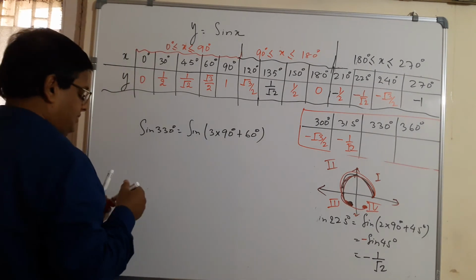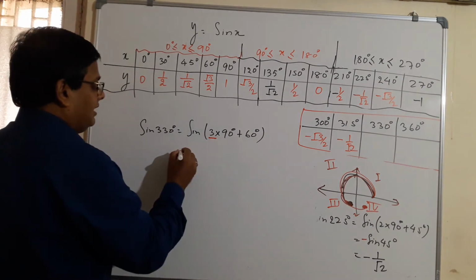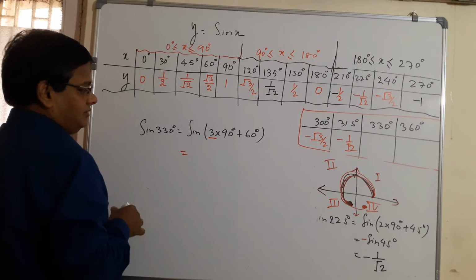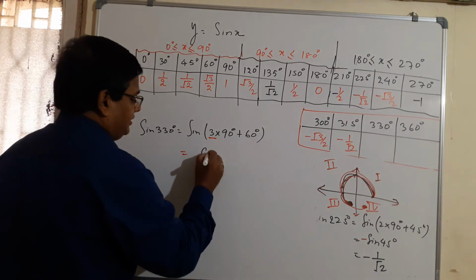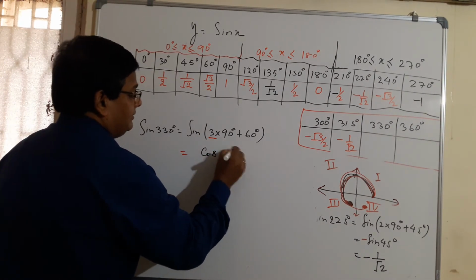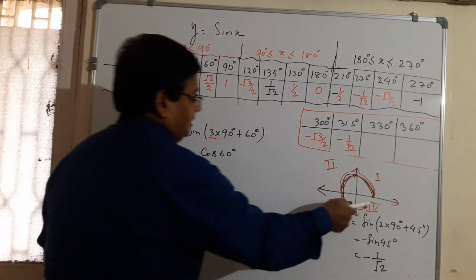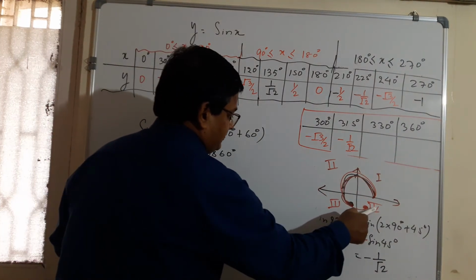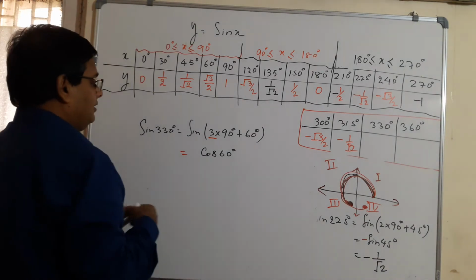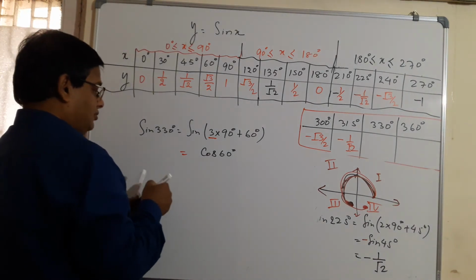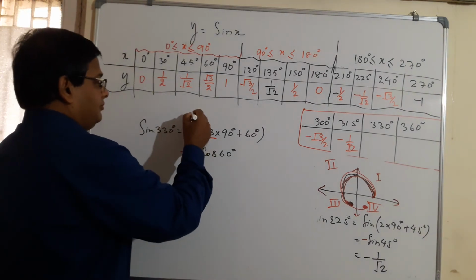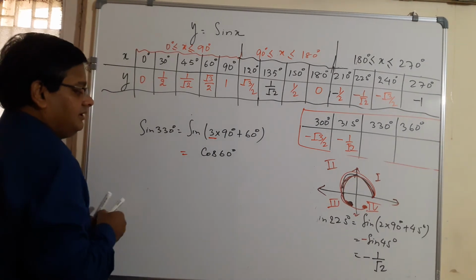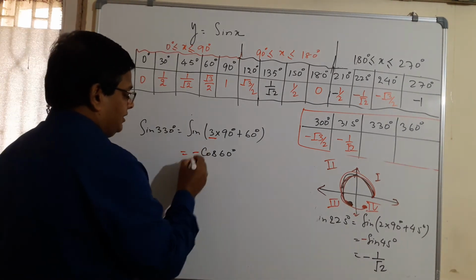Here 3 is an odd number, so sine changes into cos. So cos 60 degree, and 3 times 90 plus 60 lies in the fourth quadrant. So sine is in the fourth quadrant. In the fourth quadrant sine is negative, so put a negative sign here.